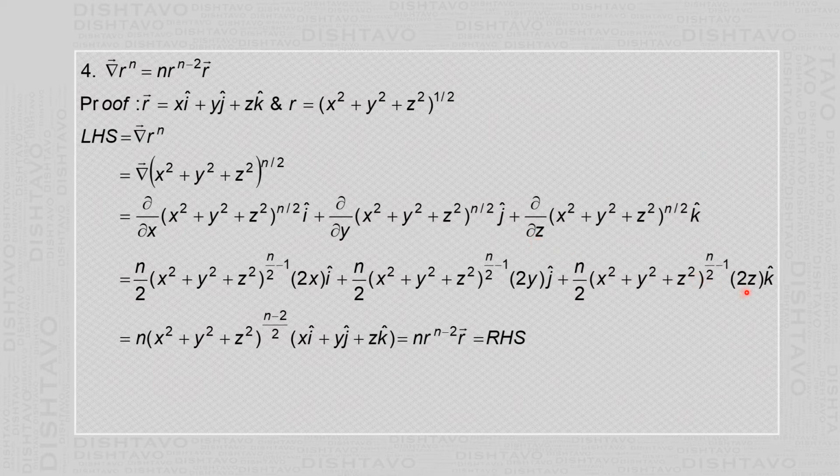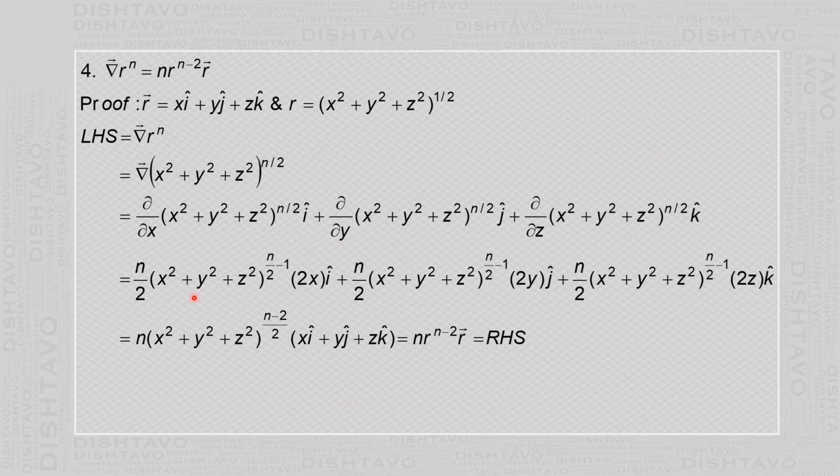So when you differentiate partially inside the bracket with respect to z, the partial derivatives of x square and y square with respect to z are 0, whereas the partial derivative of z square with respect to z is 2z. Then this 2 in the numerator and 2 in the denominator, in each of the terms, they cancel.